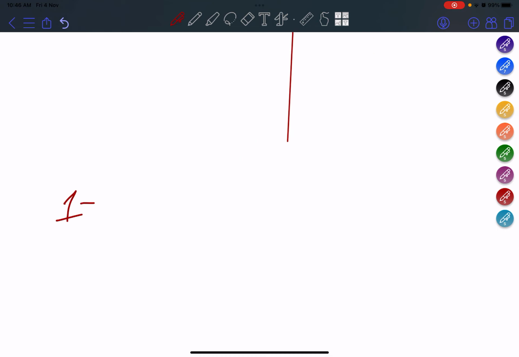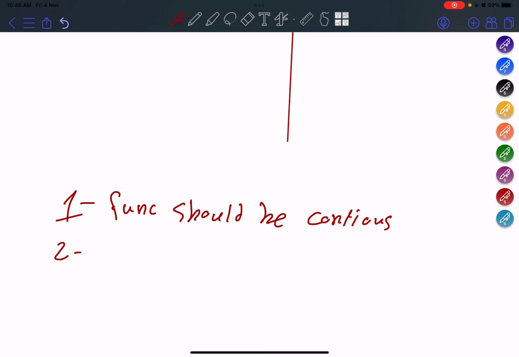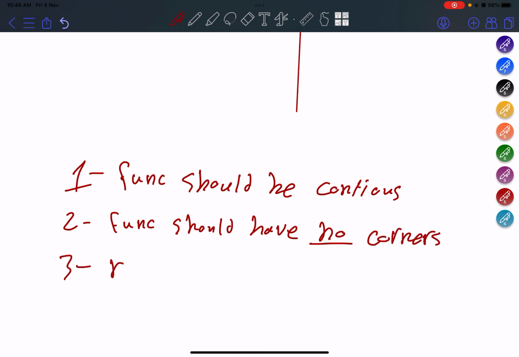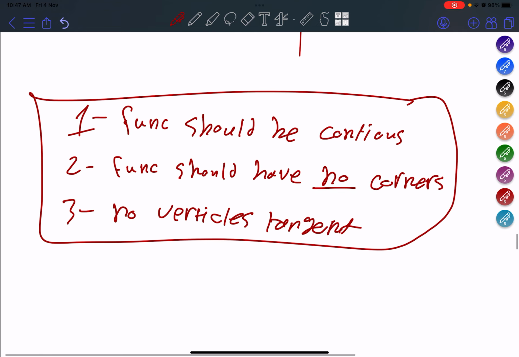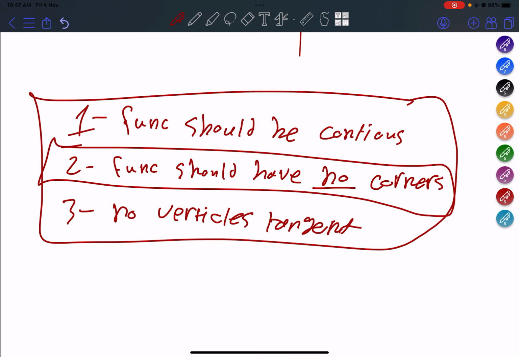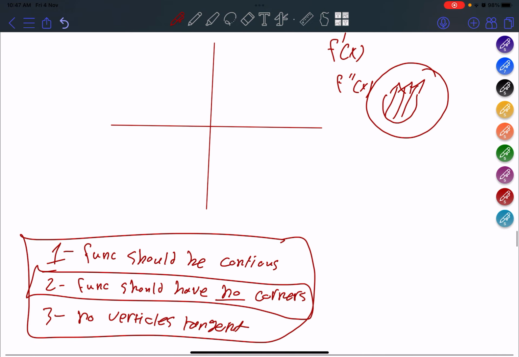One, the function should be continuous, and two, the function should have no corners and no vertical tangents. Okay, so after revising these rules, we can use any of these three rules, and we will use the second rule in order to make the function non-differentiable or undefined, because it's the easiest one.